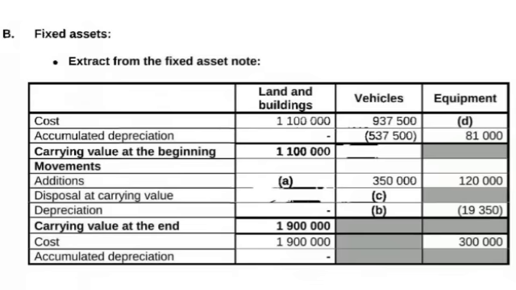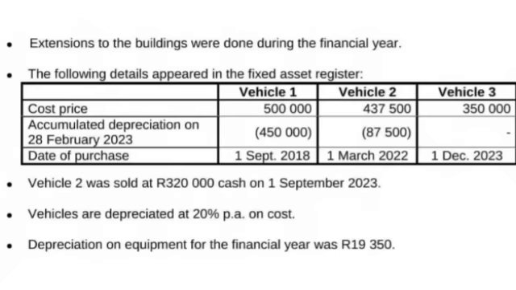Now, when it comes to depreciation, you need to keep in mind that if you have different vehicles, you have to calculate their depreciation individually, and you have to keep in mind the method and the depreciation rate that you are using. In our information, we have vehicle 1, vehicle 2, and vehicle 3. Vehicle 1 had a cost of 500 and an accumulated depreciation of 450.